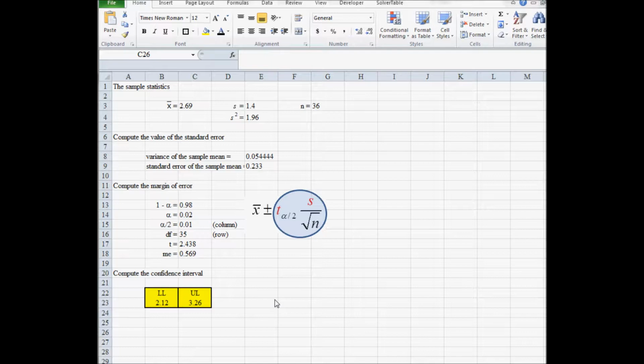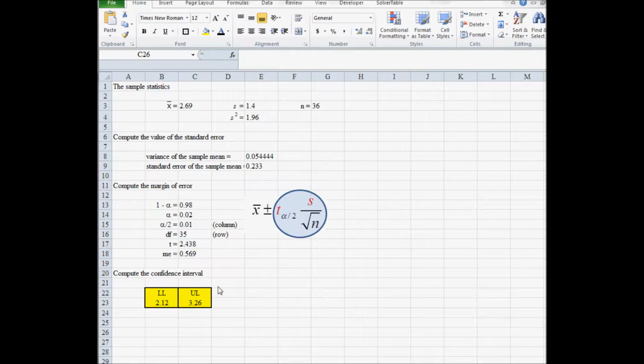The reason why we say we're 98% confident is because if we construct 1,000 confidence intervals from 1,000 unique samples of size 36, 980 of those confidence intervals will contain the true population mean, mu, and 20 will not.